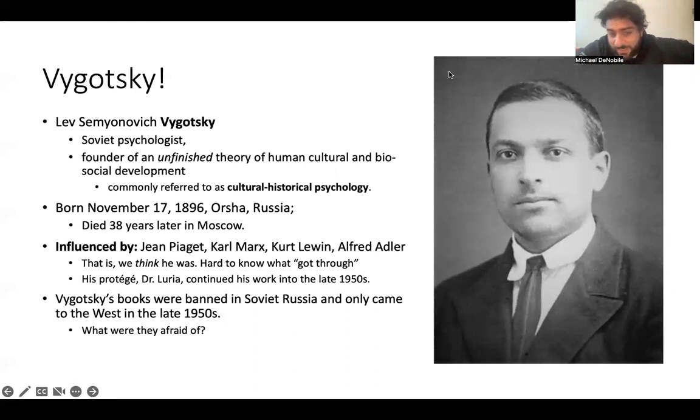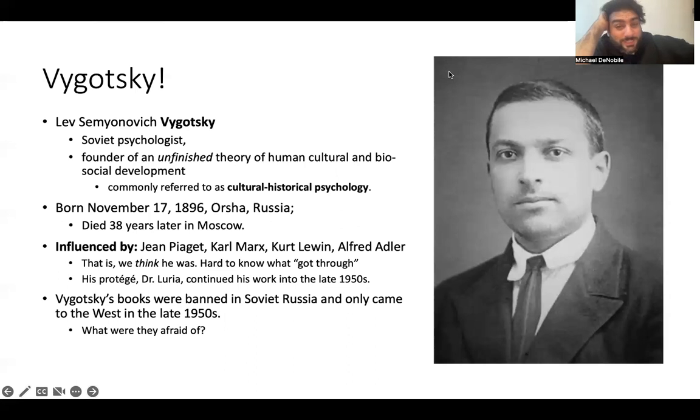Vygotsky's books, as I say here, were banned in Soviet Russia and only came to the West in the late 1950s. It's unclear what they were afraid of, but as I said before, Alfred Adler was about individual psychology. Vygotsky has a lot to do with student-centered instruction and the social historical context, which includes the family.